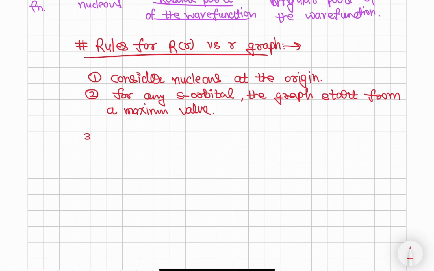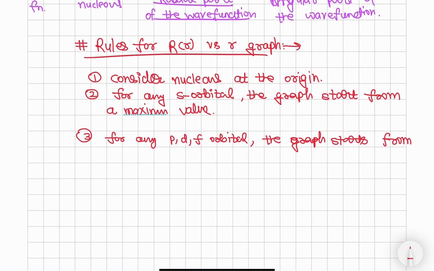And point number 3: for any p, d and f orbital, the graph starts from the origin.